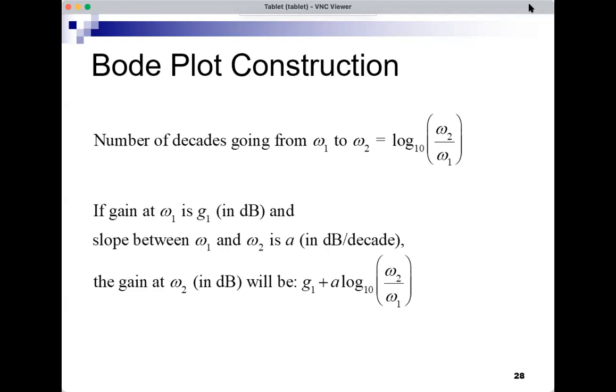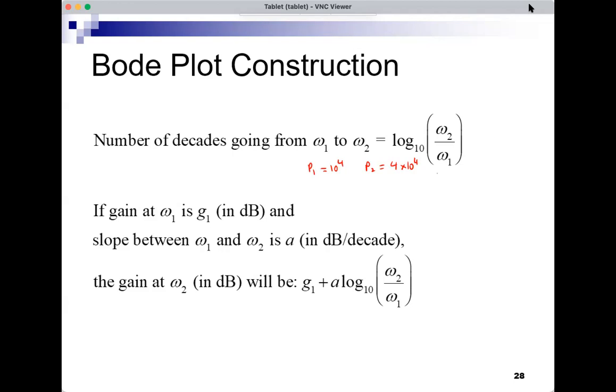So if I go from P1 to P2, where P1 is 10 to the 4 and P2 is 4 times 10 to the 4, how many decades is that? This is log base 10 of 4 times 10 to the 4 divided by 10 to the 4, so this is log base 10 of just 4. If I use my calculator to find the log of 4, I get 0.6.